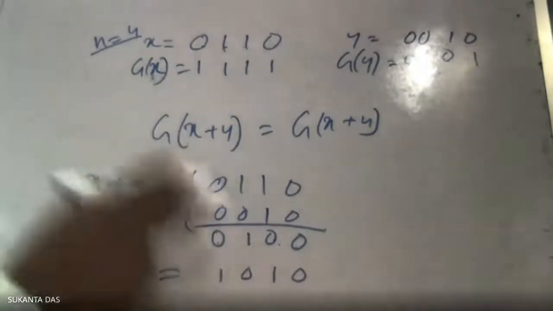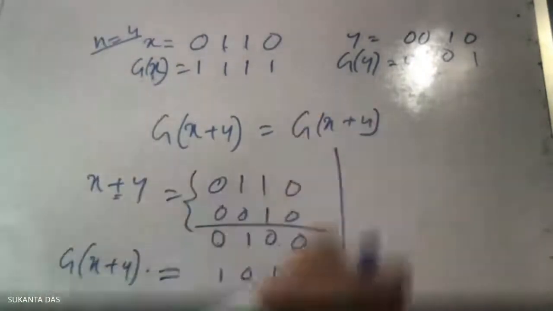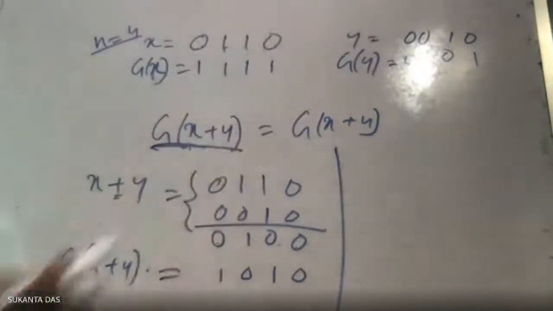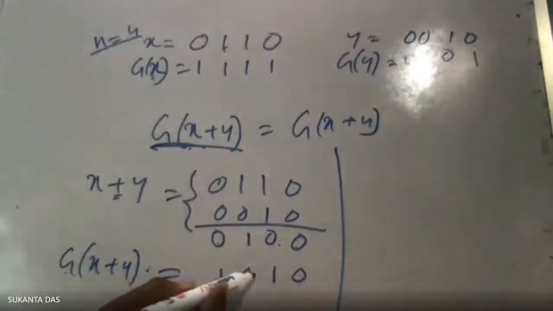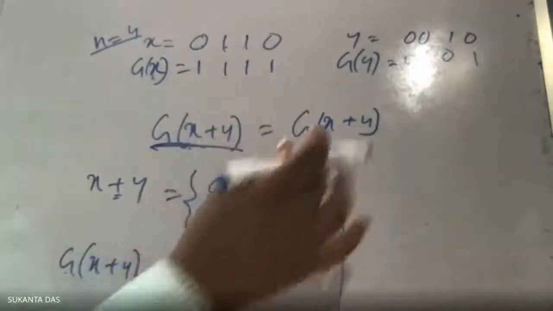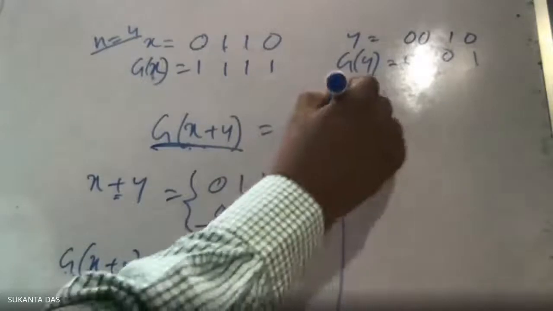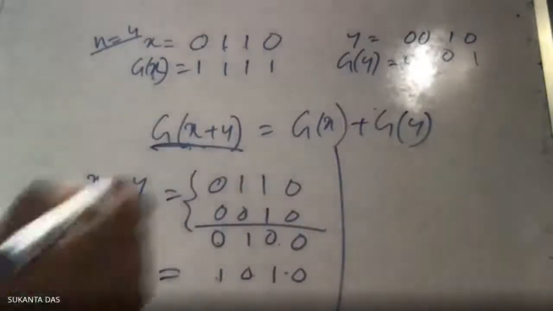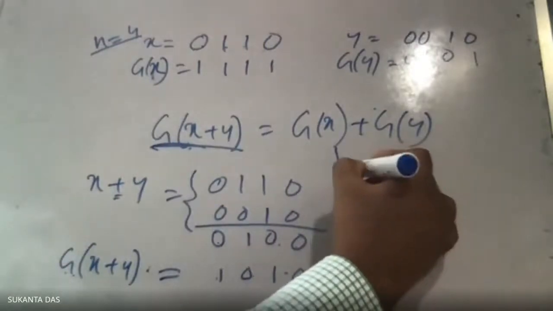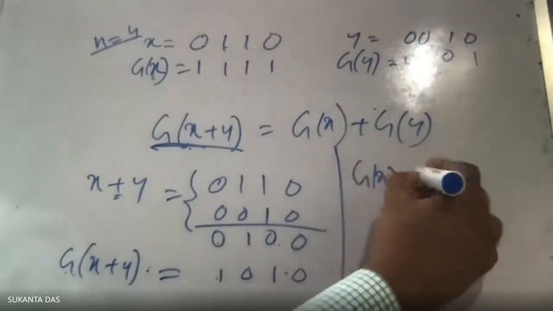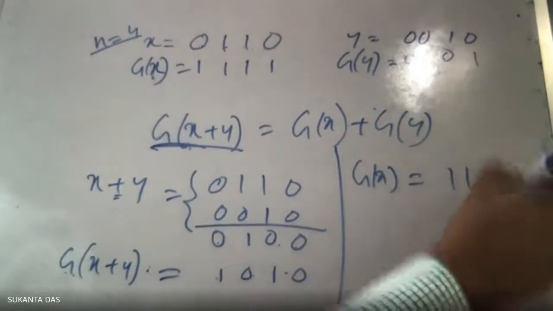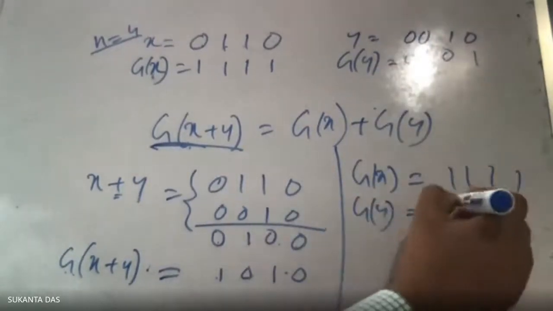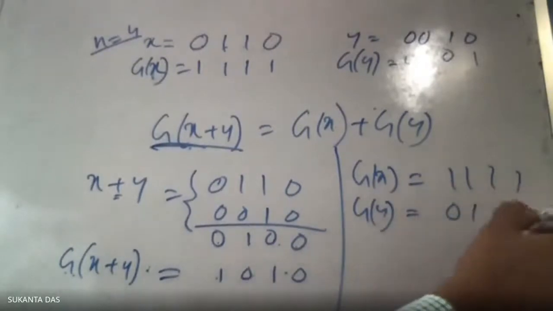So here g of x plus y is 1 0 1 0. Now test whether it is equal to gx plus gy. Gx is already done, 1 1 1 1, and gy is 0 1 0 1.